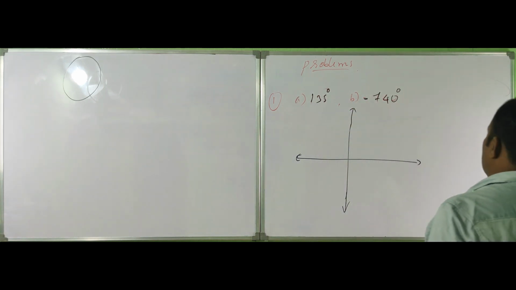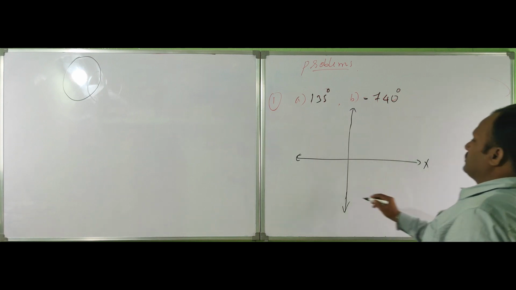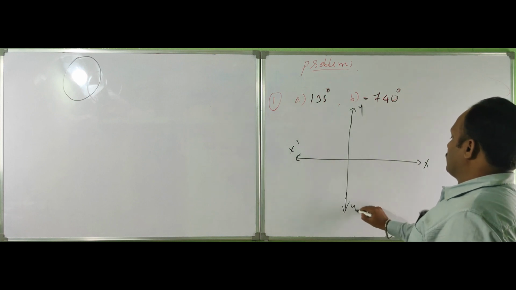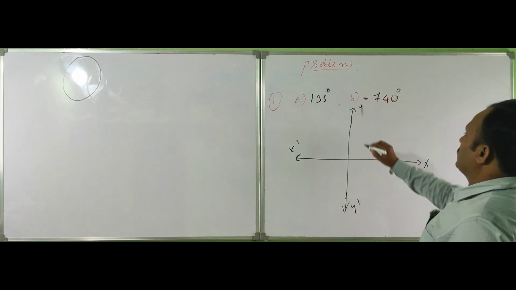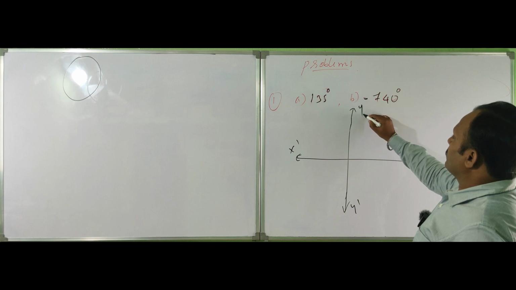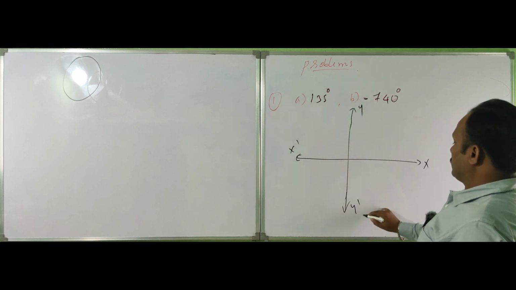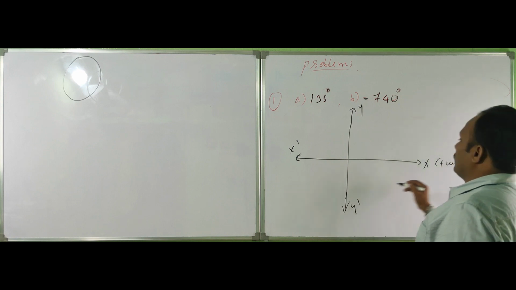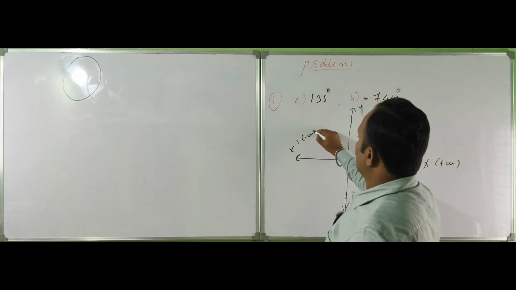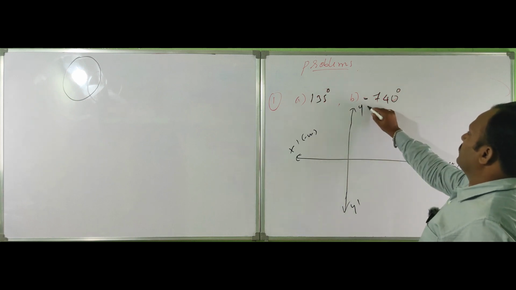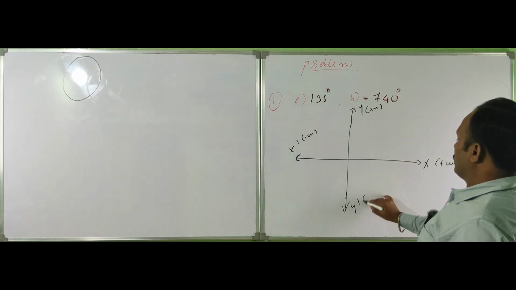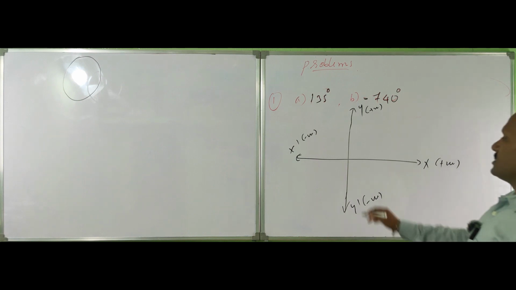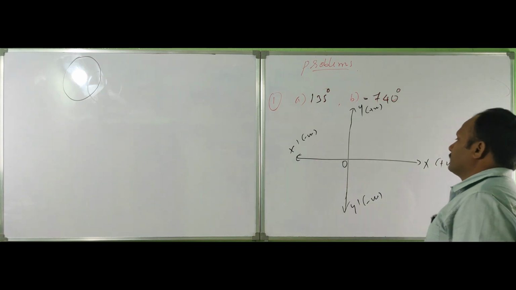This is called x and this is called x dash, this is called y and this is called y dash. This is the positive part of x and this is the negative part. Similarly, here this becomes the positive part and this becomes the negative part of the axis, and this is called 0.